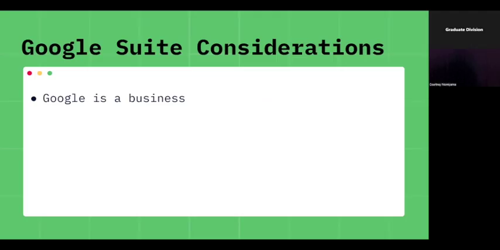I don't think they've made any indication that they're going to shut down Google Scholar or Google Sites, but do know that there's a chance they could sunset some features if it no longer benefits them financially. Another thing I would point out is that a lot of these things are quote unquote free, like you can make a Gmail for free, but at the cost of your data, for example. So just be mindful of what information you're sharing about yourself, not only on Google, but also in general.